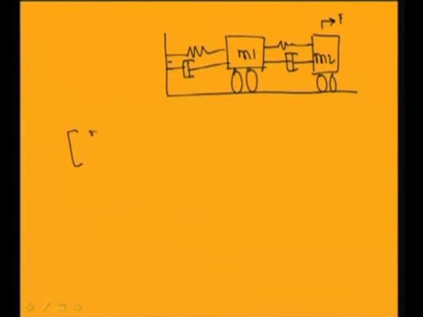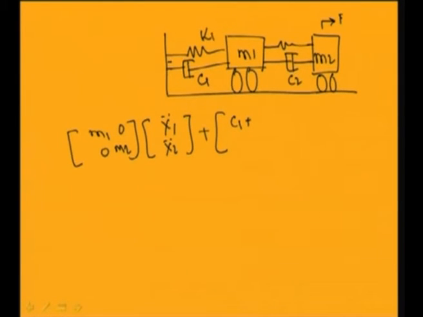So this becomes [M1 0; 0 M2] into x1 double dot, x2 double dot, plus the damping matrix. Let this be C1, this C2, this K1, this K2.